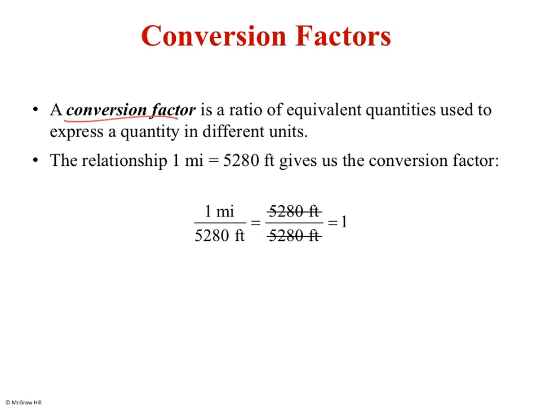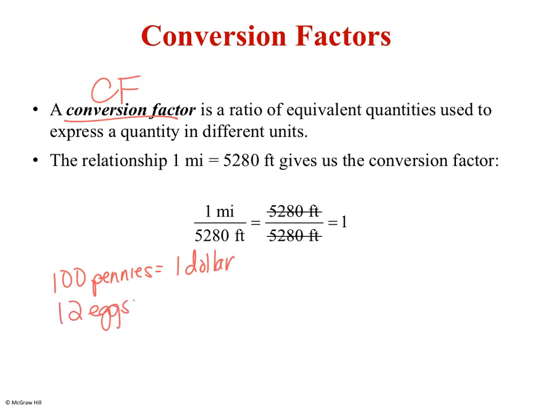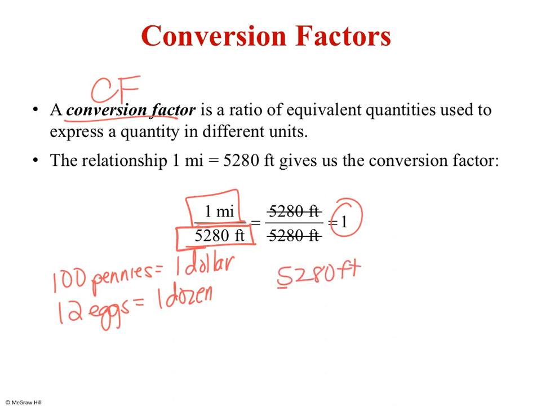Okay, so I introduced a conversion factor. You're going to have to come up with conversion factors. This is like 100 pennies equal $1. It's like 12 eggs equal 1 dozen. They equal each other, okay? And there are 5,280 feet in 1 mile. So that equals 1. You can switch them around. That equals 1.